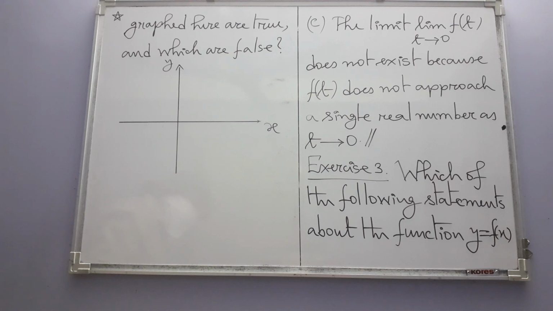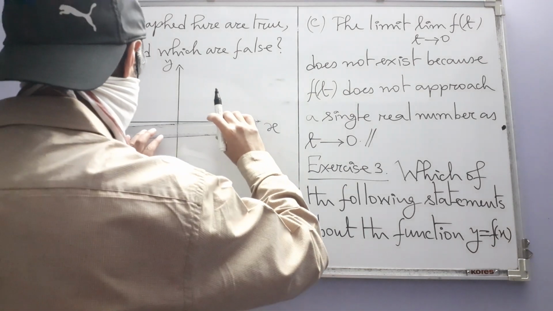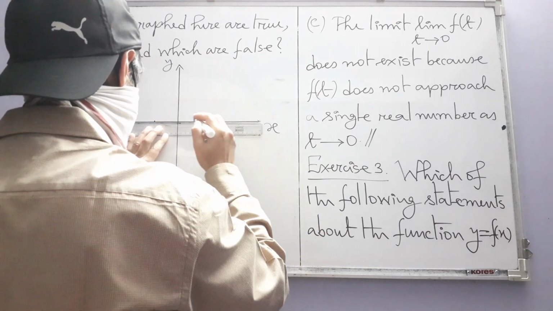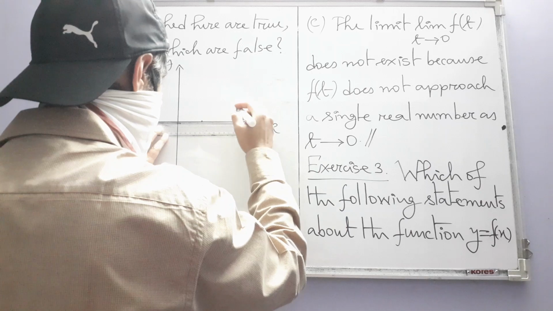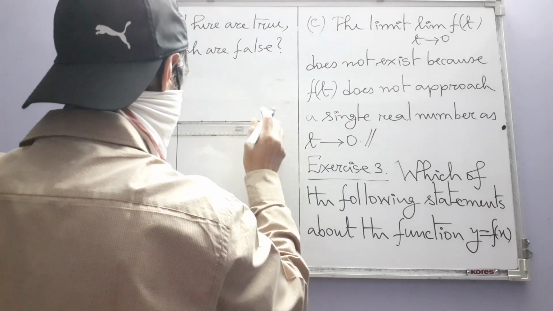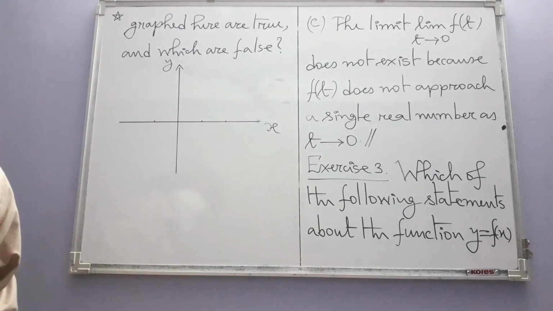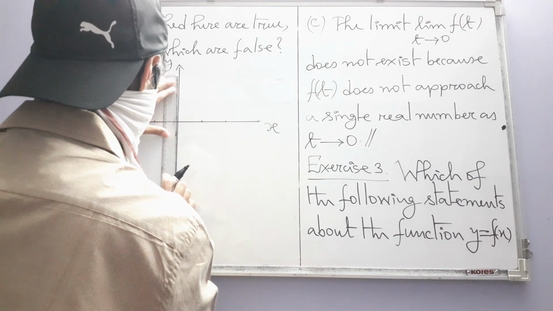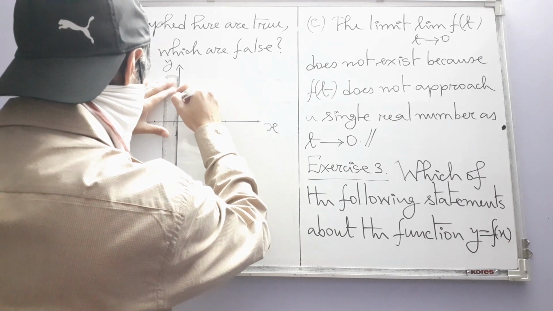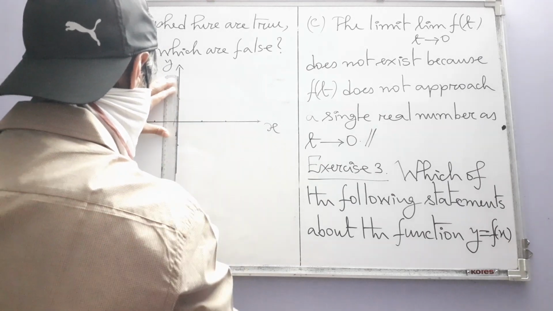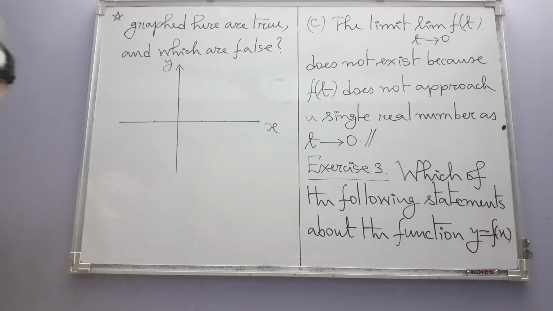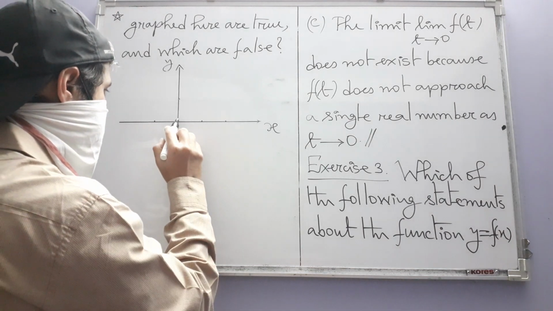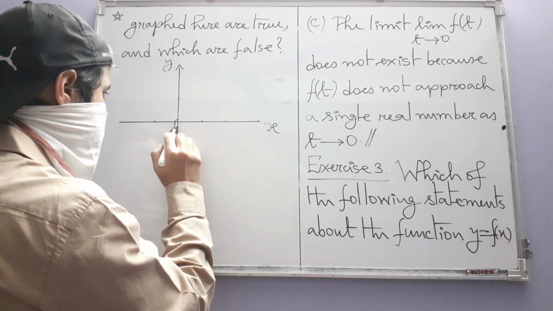We need -1, 1 and 2, and on the y-axis we will need 1 and -1. This is 1 and this is -1. And what is the graph? Let me first draw the white circles.